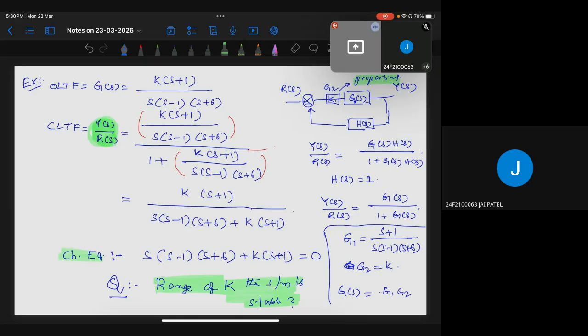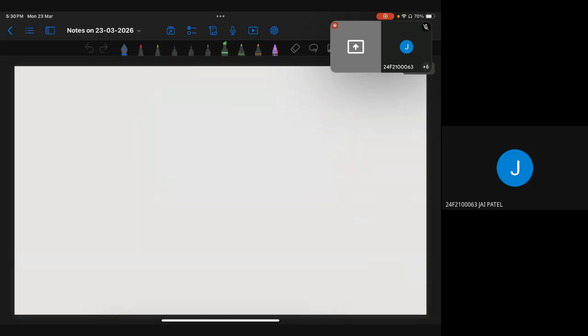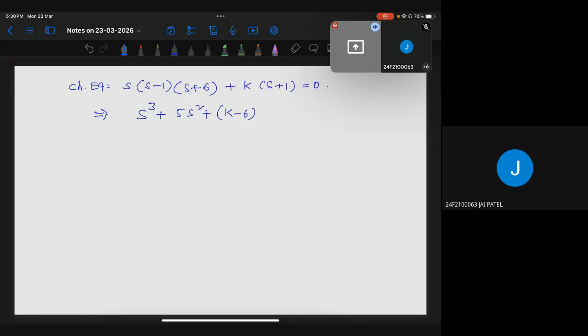Now let me consider this characteristic equation again. What is the characteristic equation? s multiplied by (s minus 1)(s plus 6) plus K multiplied by (s plus 1) equal to 0. If you simplify this, you'll get something like s cube plus 5s square plus (K minus 6)s plus K. Please verify it later.